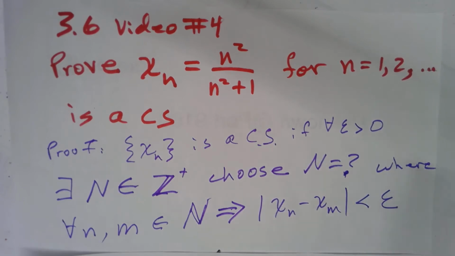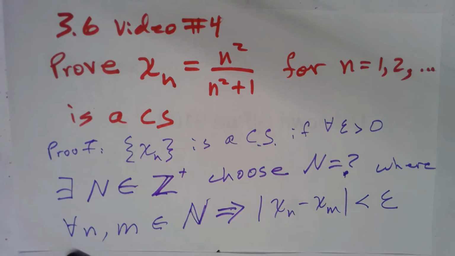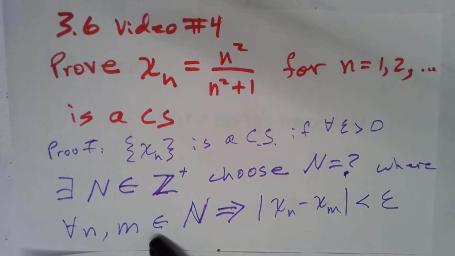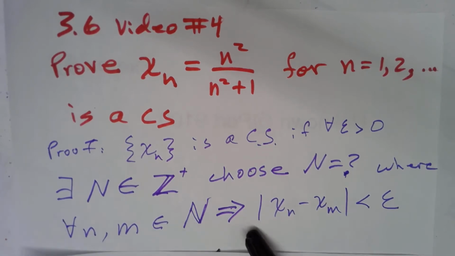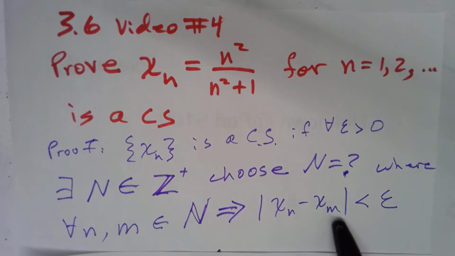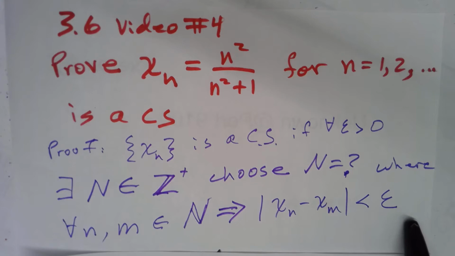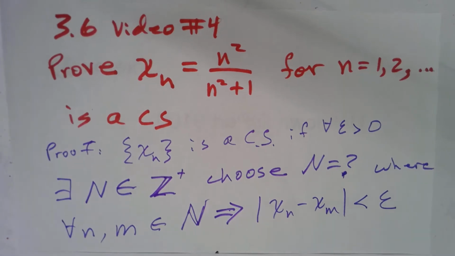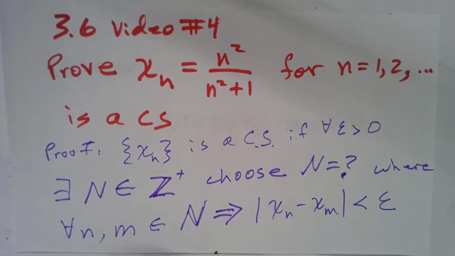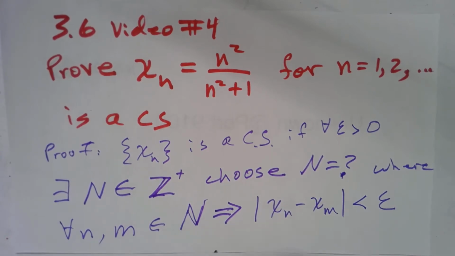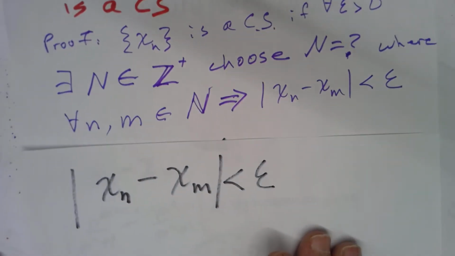So we've got some scratch work to do on this, where all n and m are elements of the natural number set, which implies the absolute value of x sub n minus x sub m is less than epsilon. Okay, so we start with x sub n minus x sub m is less than epsilon.